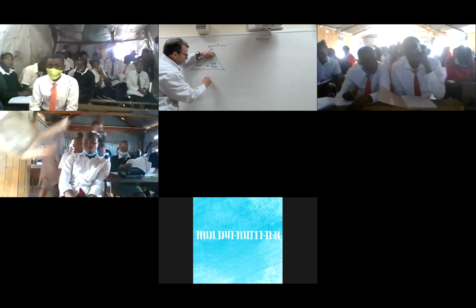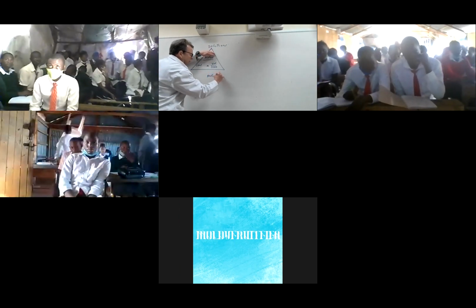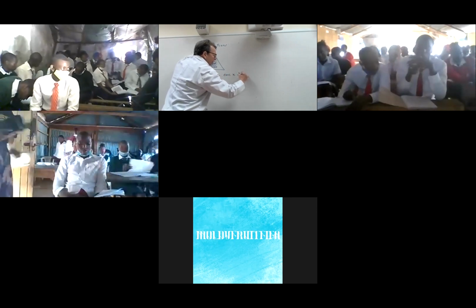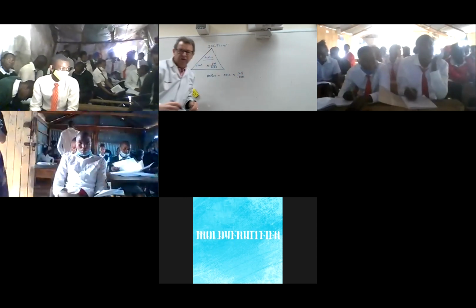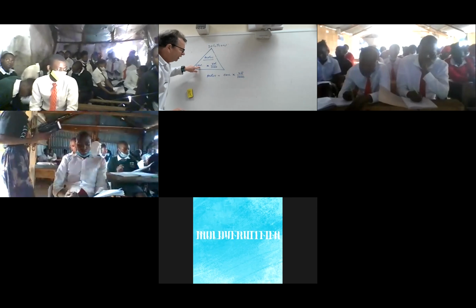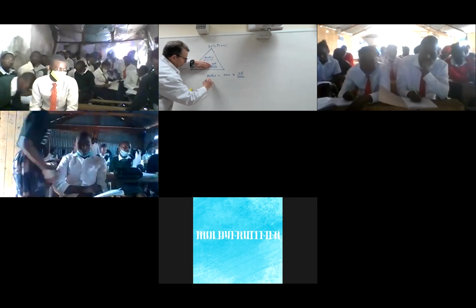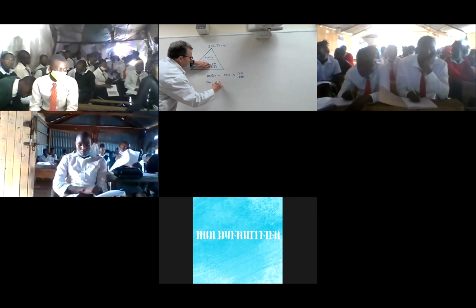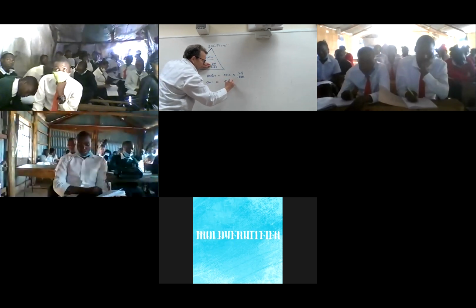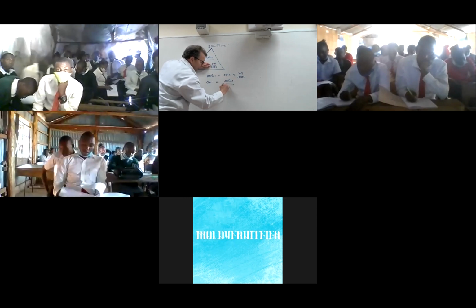So if I want to use moles, moles equals concentration times volume over 1,000, okay? If I want to find concentration, it is equal to moles over volume over 1,000.